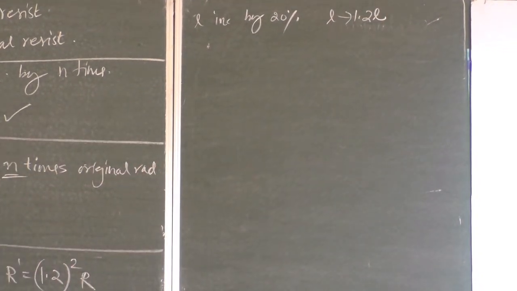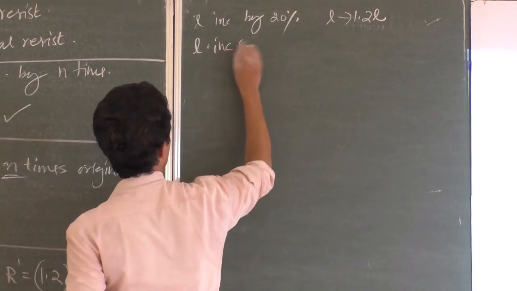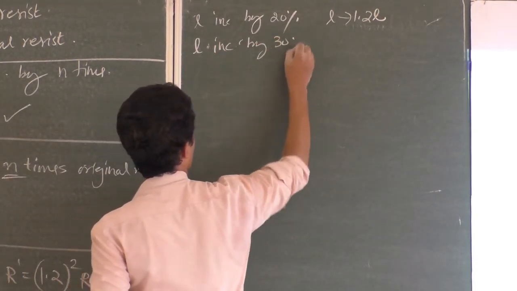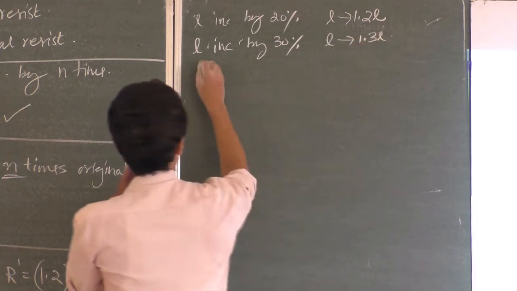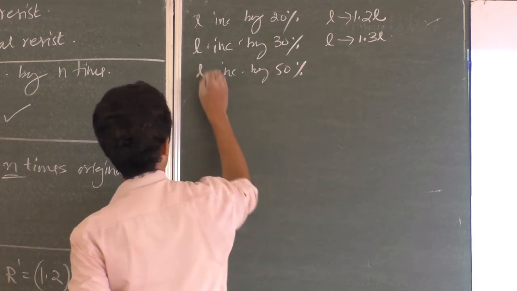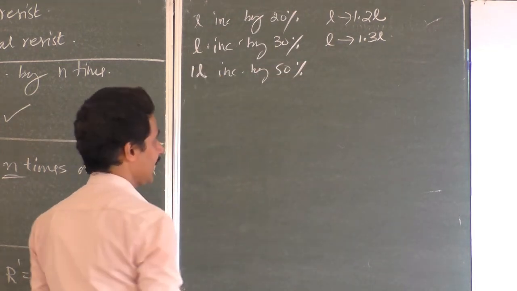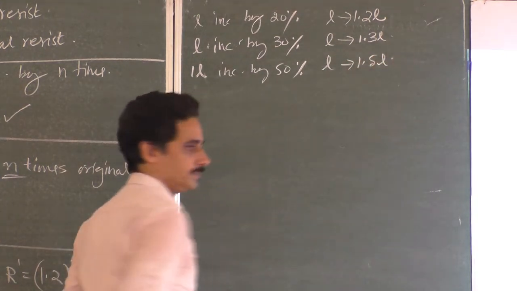If L increases by 30%, how do you write it? Here, L should be written as 1.3 L. If L increases by 50%, that means out of 1 L, you should have 50% extra. 50% extra means 1.5 L.